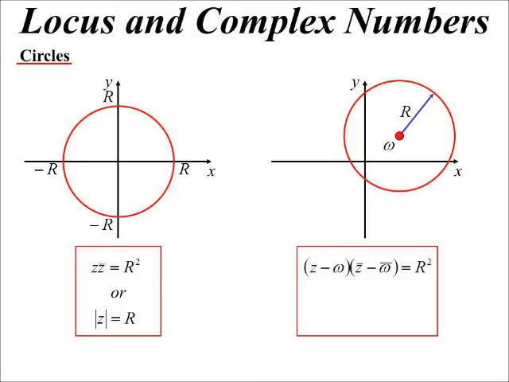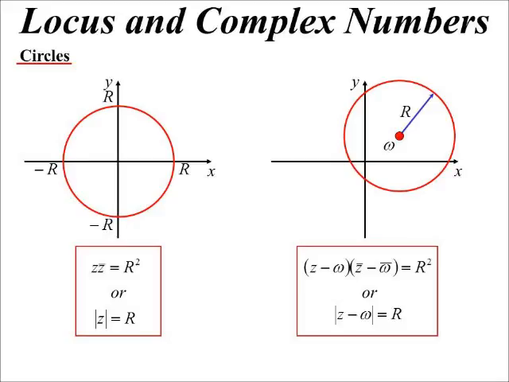And if we shift the centre to some other complex number, before we said z minus omega times conjugate of z minus conjugate omega, very clumsy. There's a much neater way of doing that now, because if I join any point up to omega, the length of that vector will be the radius of the circle.